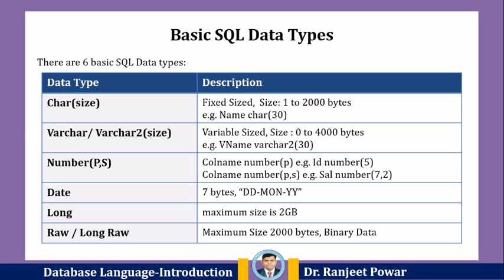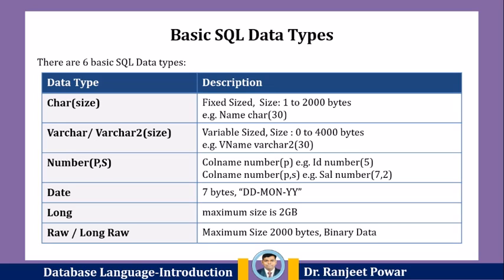It means the salary column can hold a floating point number having a total of 7 digits and 2 digits after the decimal point. The number ranges from 00000.00 to 99999.99.